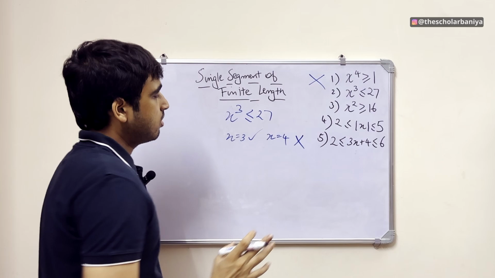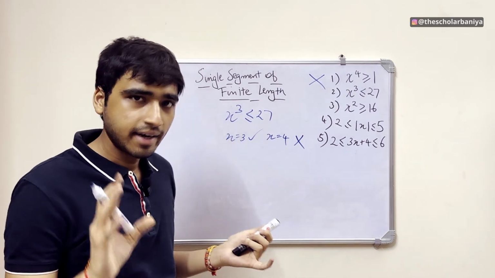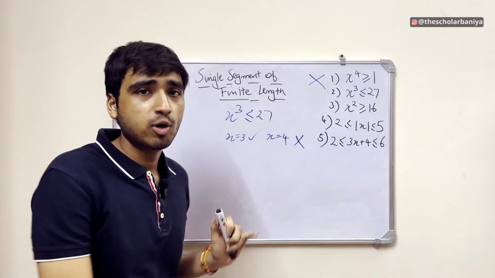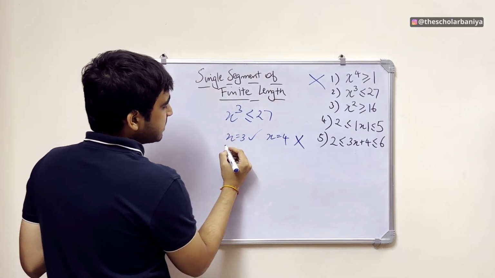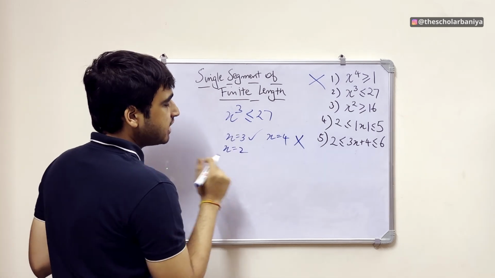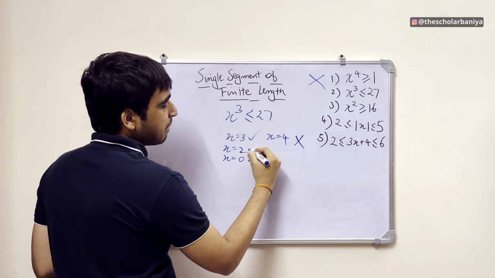So for any value greater than 3, this is not possible, right? But for any value less than 3, it's possible. For example, if you take x equals 2, then 2 cubed is 8. Absolutely right. If you take x equals 0, then 0 is less than 27. Absolutely right.